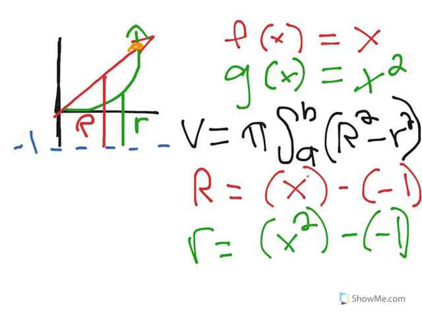Let's do orange, right here to here. Why? Because they're intersecting at those 2 points. Of course, the question can always change. Look out for the question, but for right now, we want to use this point of intersection, which is 0, 0, and this point of intersection, which is 1, 1.